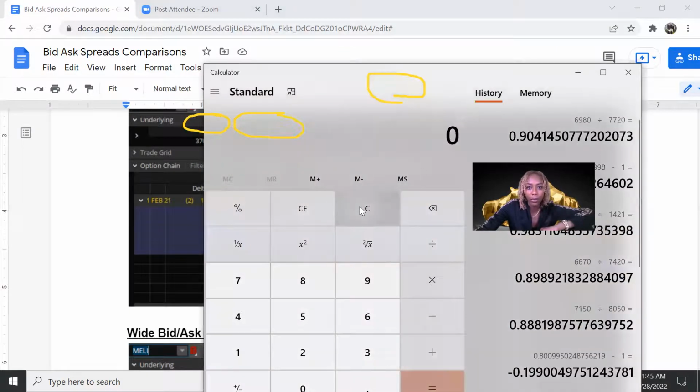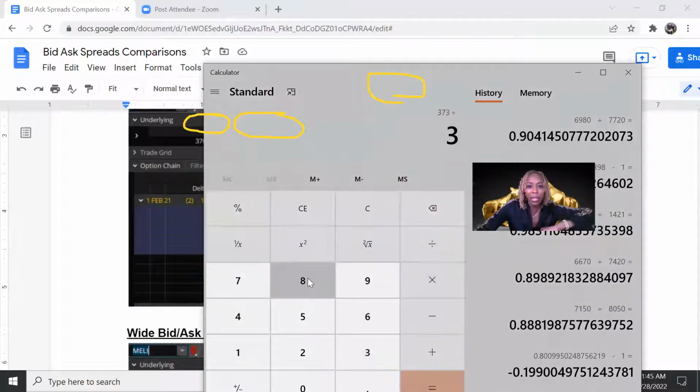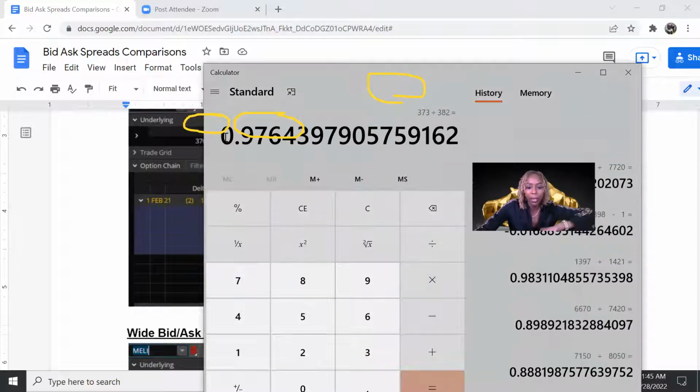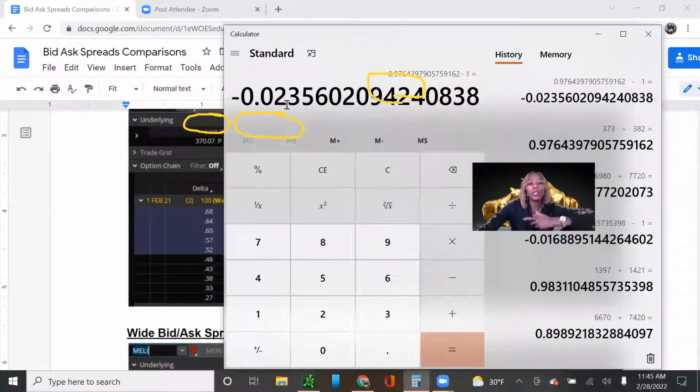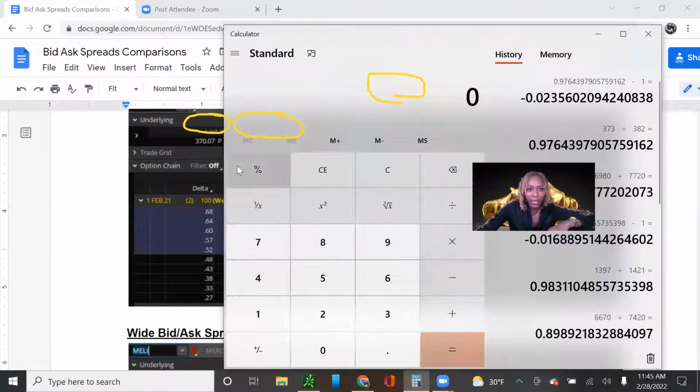So 373 divided by 382. If we minus 1, and just disregard the minus sign, okay? That is basically 2%. Is that less than 10%? Yes, it is. Now, let's use Melly.